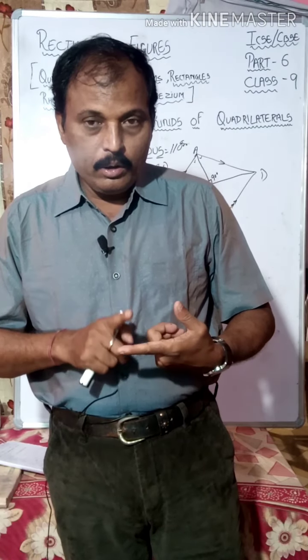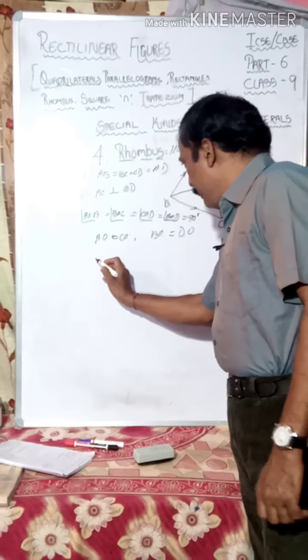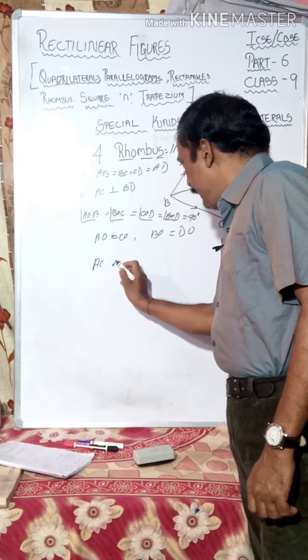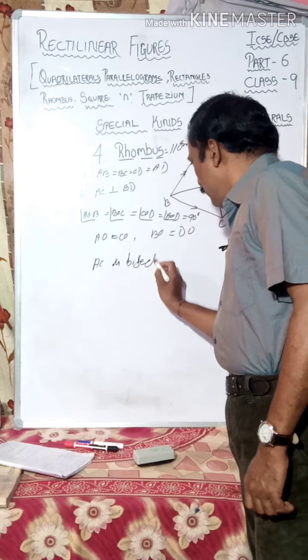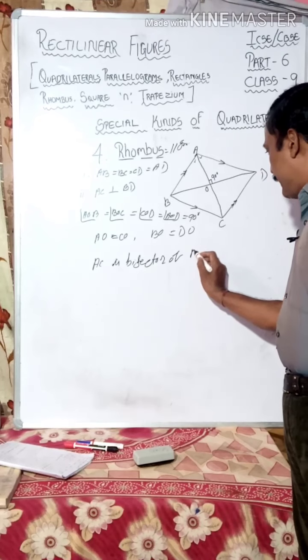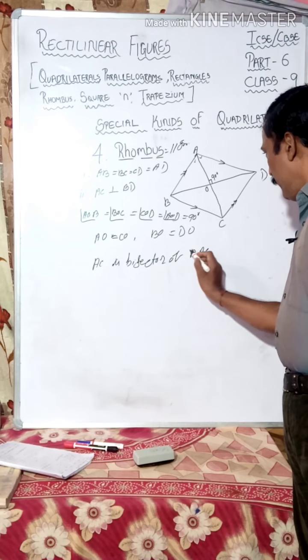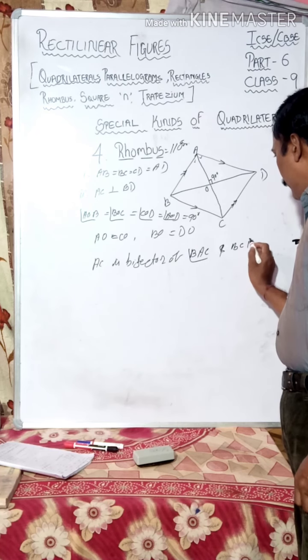But in a rhombus, every diagonal AC is a bisector of angle BAD and angle BCD.